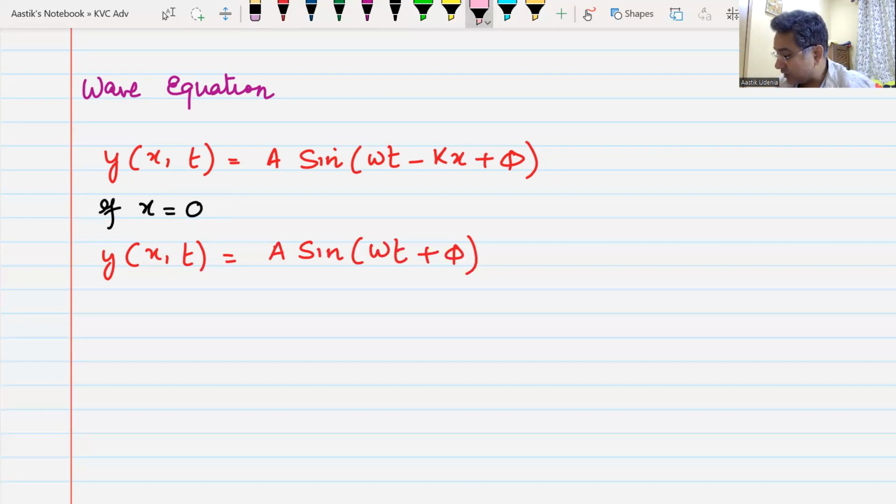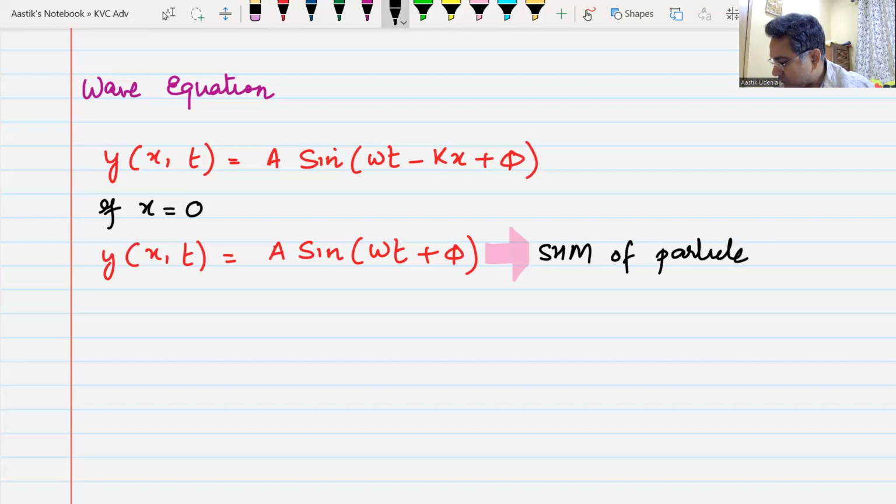So this now is the equation of SHM of the particle which is present at x equal to 0. It will give us the position of the particle at x equal to 0 at all times. Yes or no?